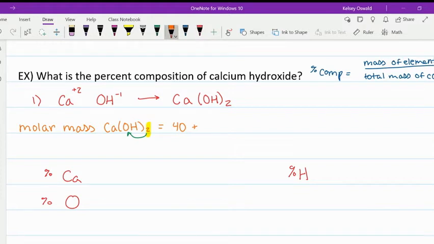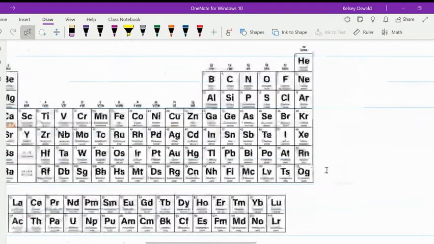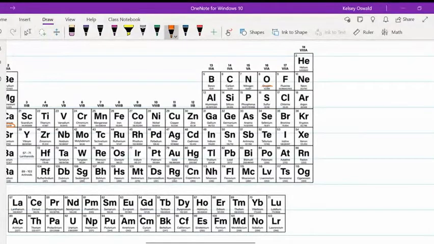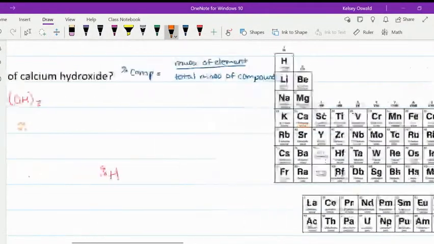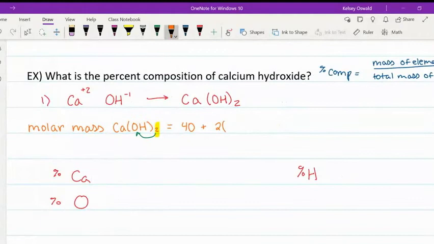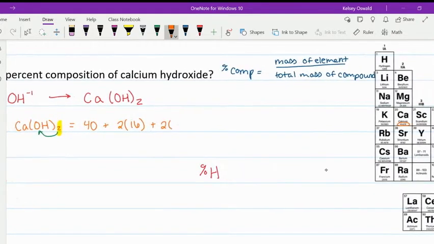Okay, because if we have 2 oxygens, and if we look at the periodic table, oxygen is going to have a mass of about 16. We want to do 2 times 16 to account for both oxygens that are present in our formula. Same thing for hydrogen. Our formula has 2 hydrogens, so we want to do 2 times the molar mass of H, which is 1.